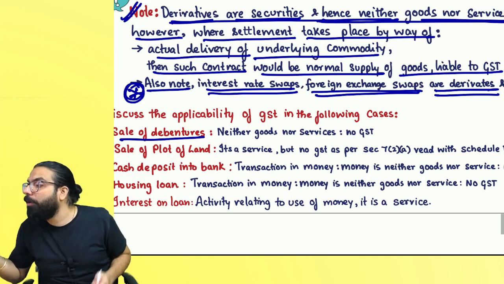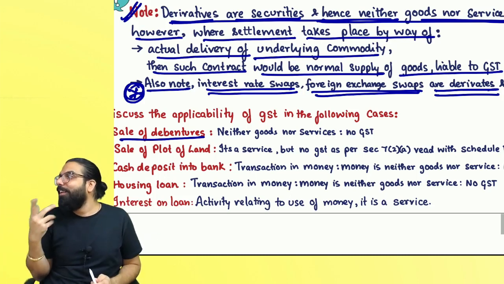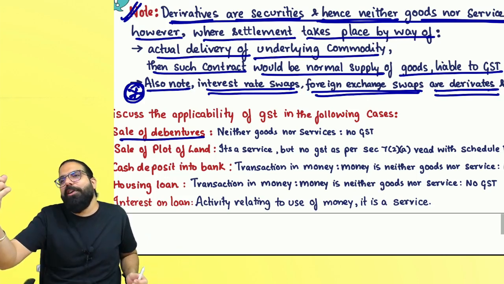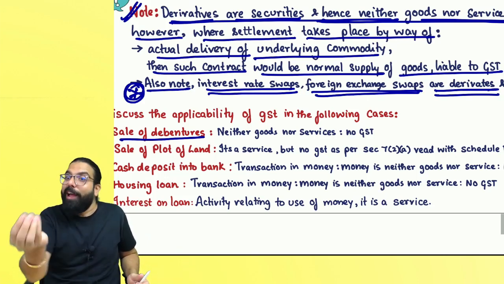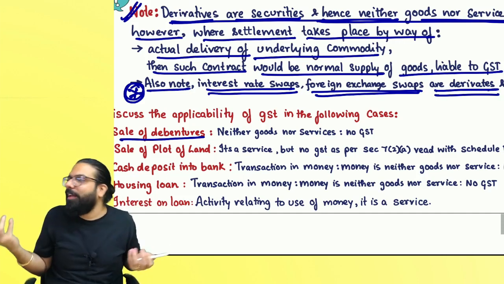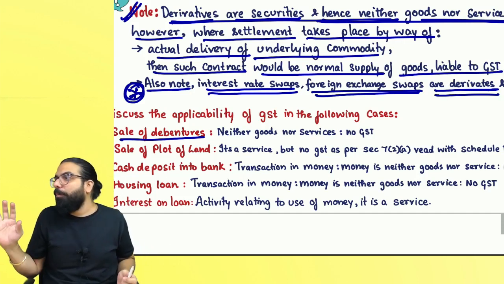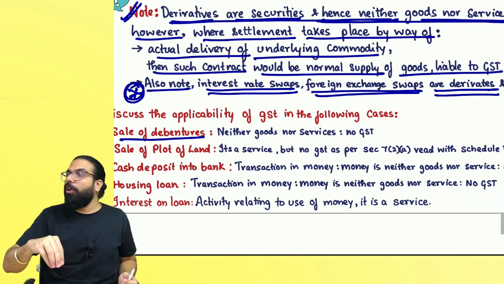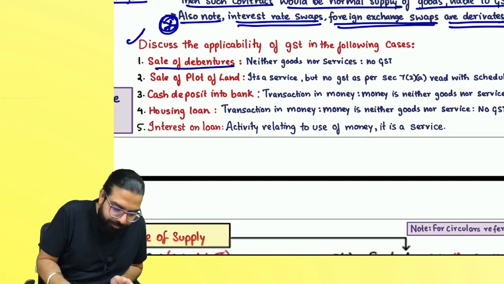If it is money, money is neither goods nor service. If you do net settlement, then it is a derivative. If you give the actual commodity, then also, if it is money, no GST. Did you get it inside your head? Sure, everyone. Can I go ahead? Next.